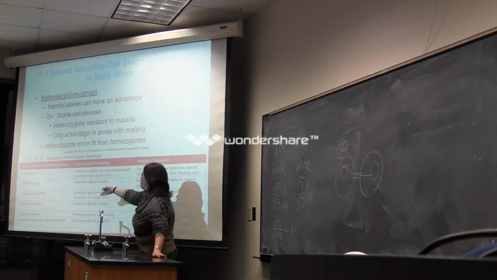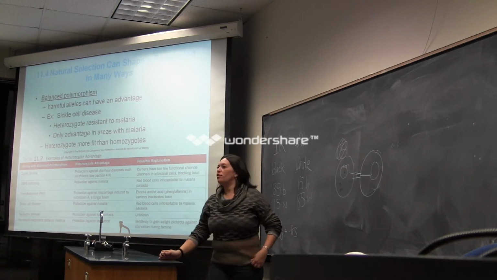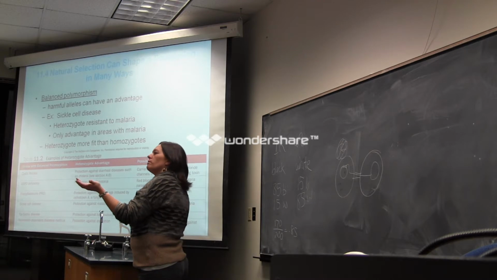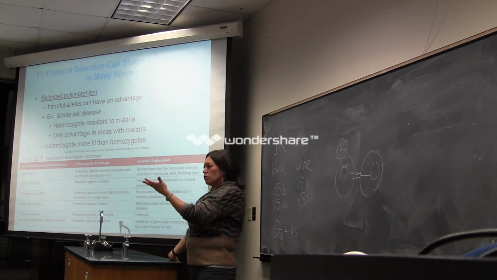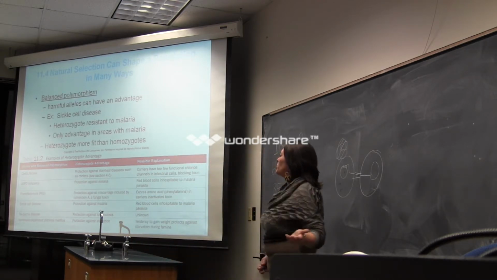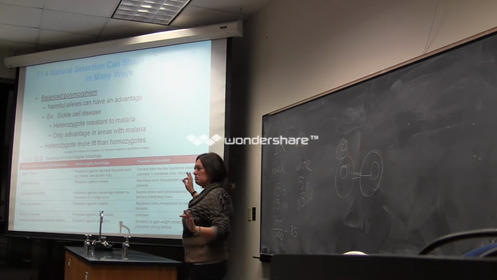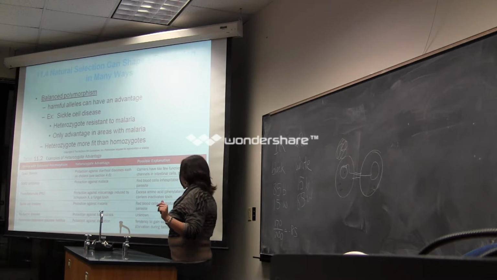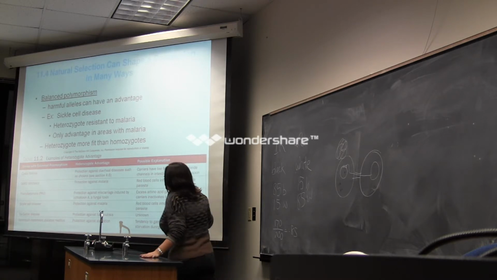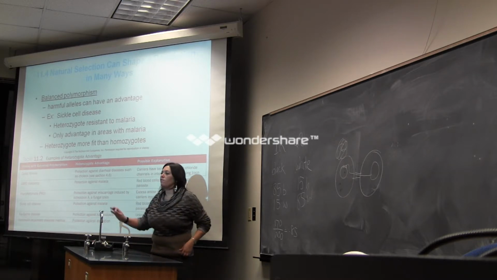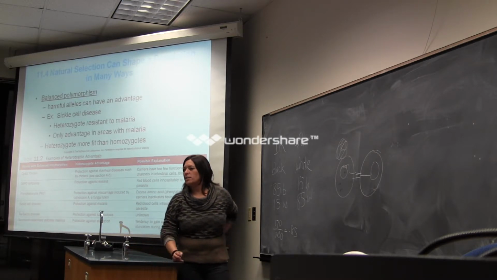And there's all sorts of examples of this. If you're a carrier of the cystic fibrosis mutation, you don't have cystic fibrosis, but you're protected against other sorts of bad diarrheal diseases that we won't talk about. Also, children that have PKU don't have the ability to break down phenylalanine, which is an amino acid.